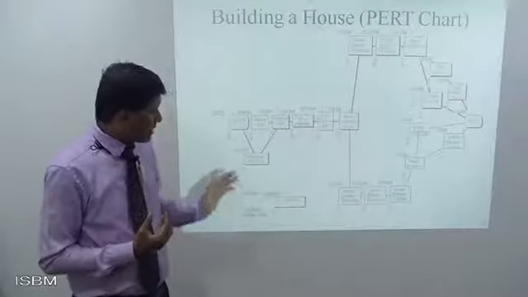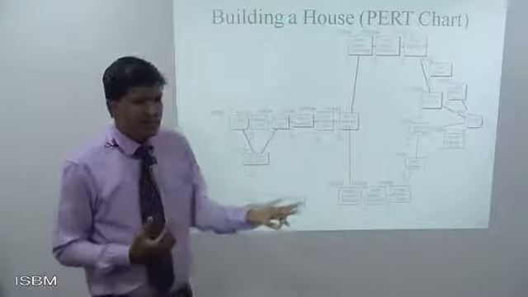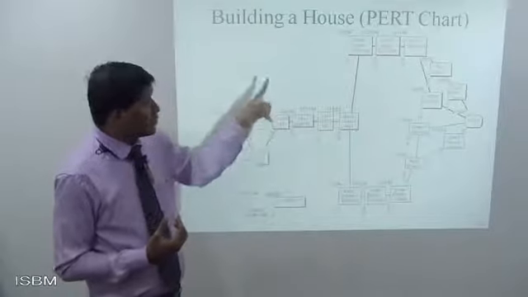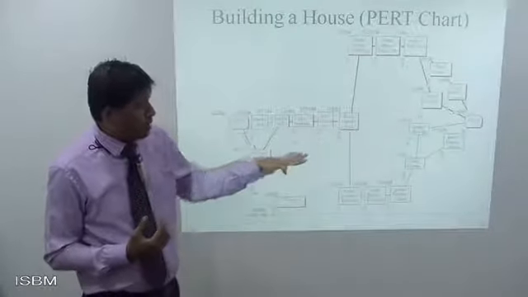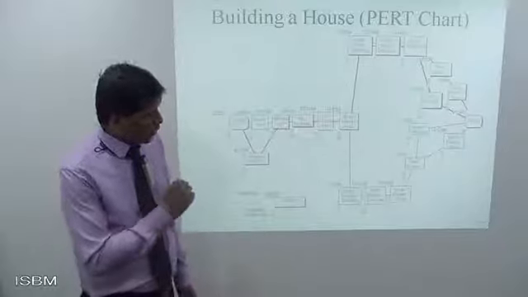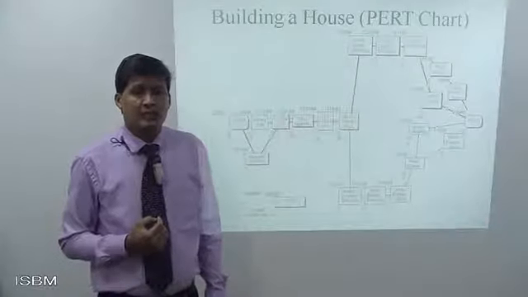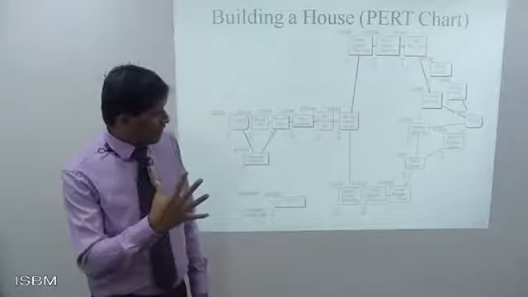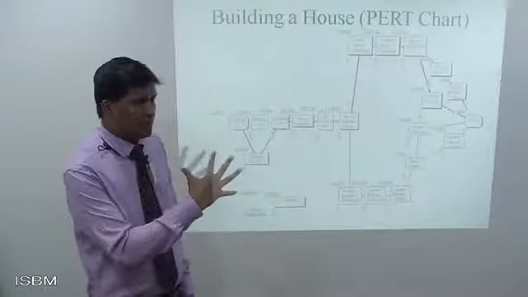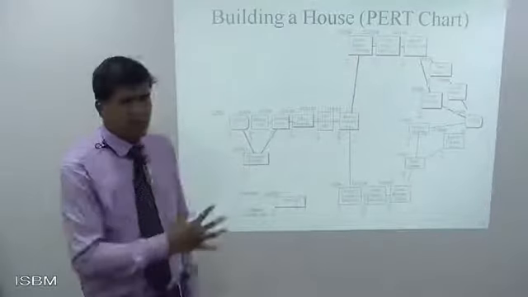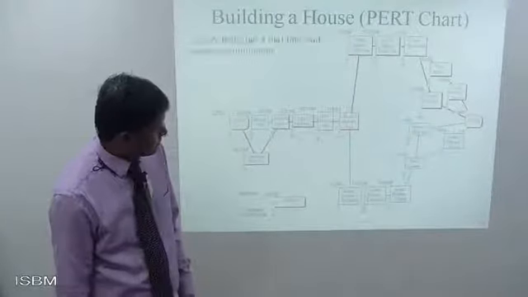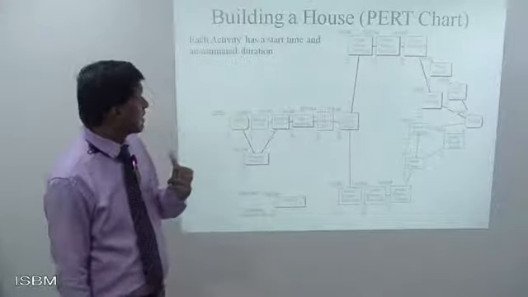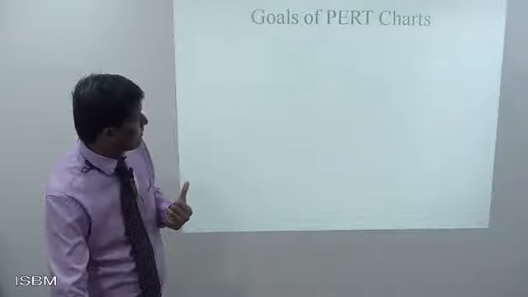If you see on this chart, there are also a lot of numbers coming in now: 010, 010, 020, which date, by what time, how many people will do it. So there are a lot of numbers associated with it, and each of these numbers is critical. Once you have a good topographic view about it, we get to know how things are moving as well. So each activity has a start time and an estimated duration as well.